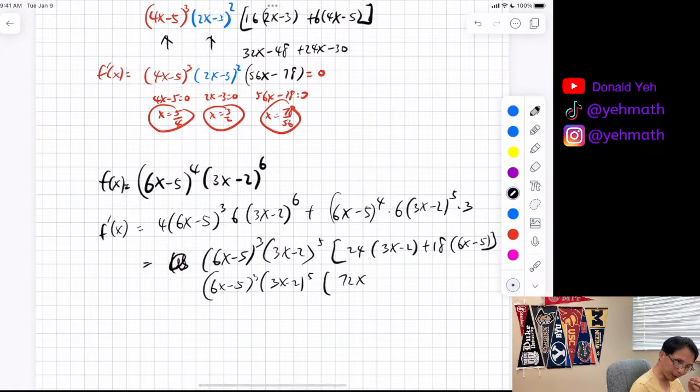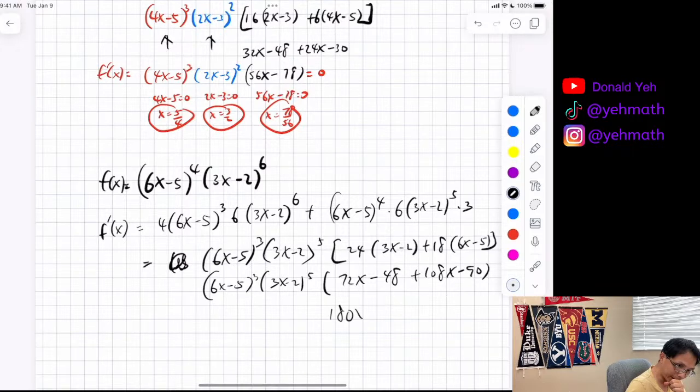Times 72x minus 48 plus, oh, that's a big number. I could have factored out 6, can I? That's okay. So that's going to be 180x minus 138, I think.